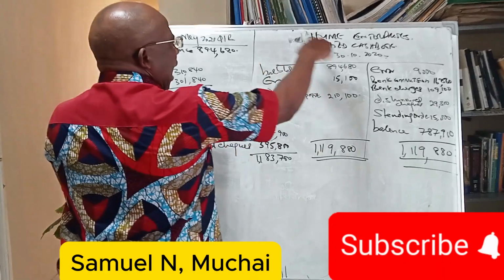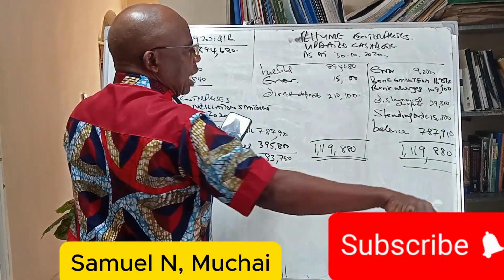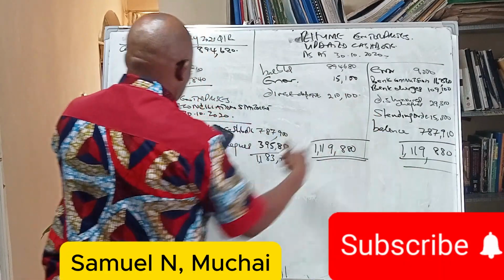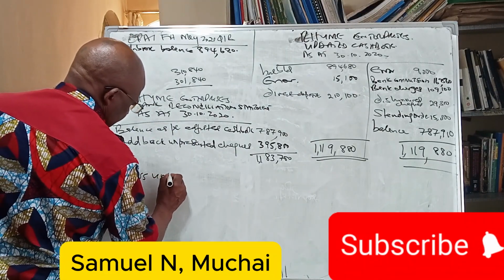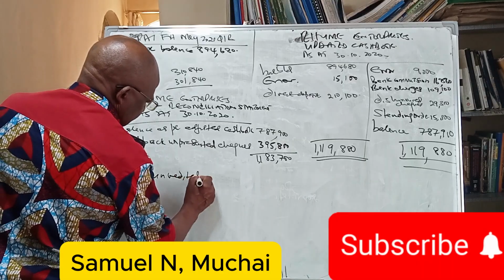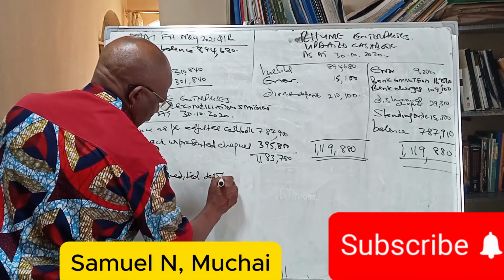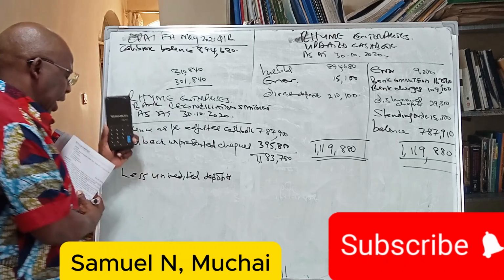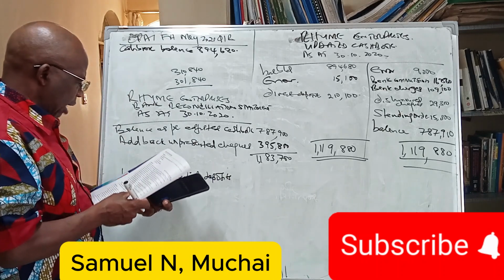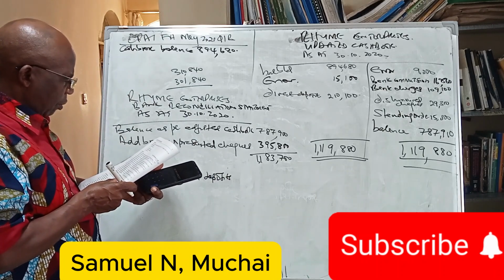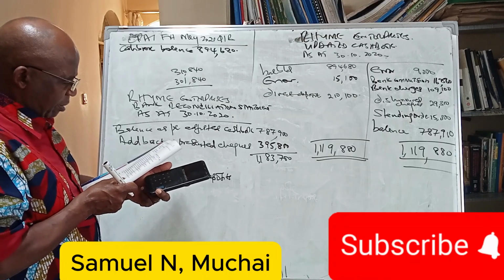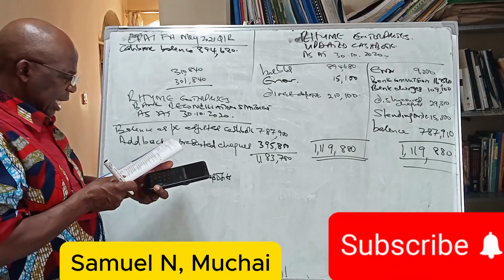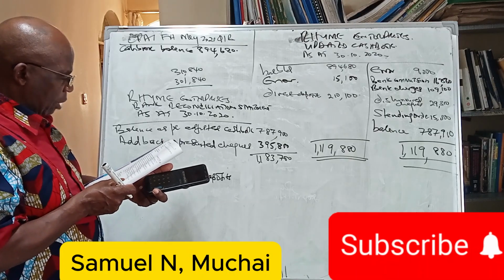Now, because we added and the bank had not added, now we subtract the deposit. Less uncredited deposits. And the question tells you, additional information number 5, cash received in the last few days of October 2020 amounting to $1,895,000 was deposited in the bank on 31st of October 2020.